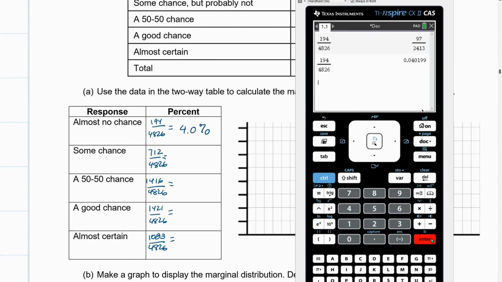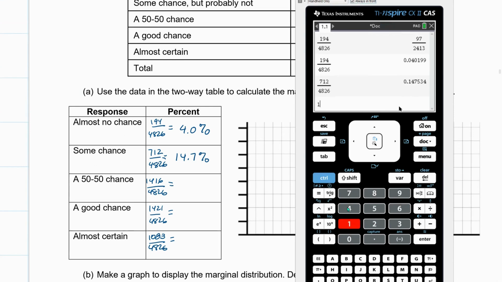4.0%. Let's do that one more time. 712 divided by 4,826. Hit control and then hit enter, and I get 14.7%.